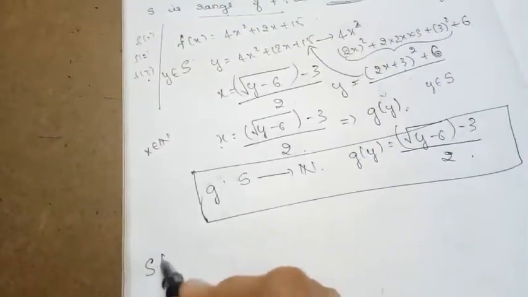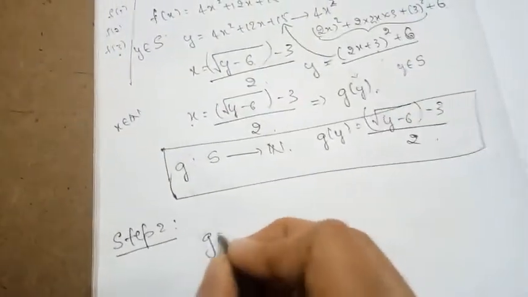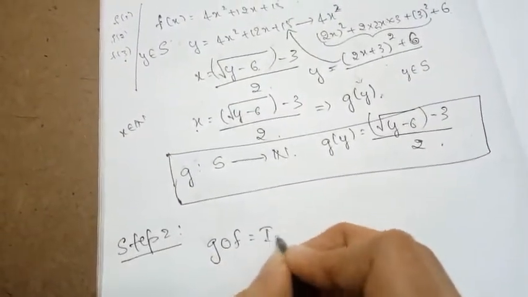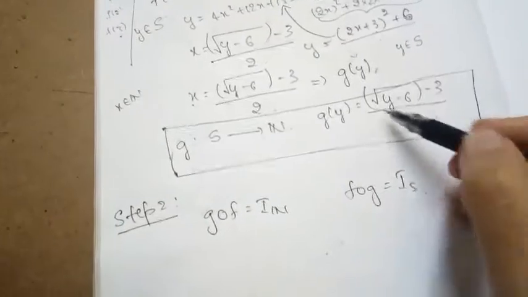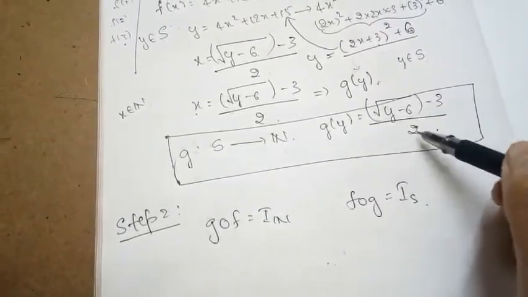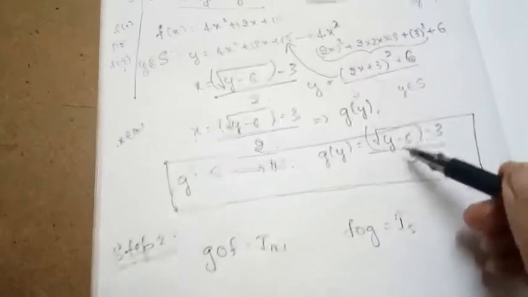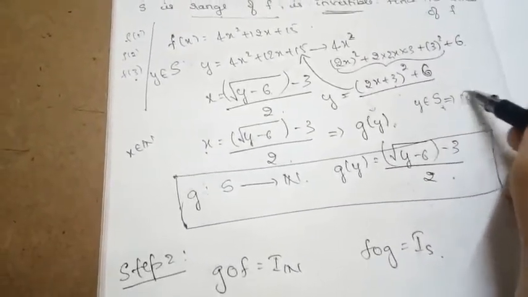So what is our second step? Step 2 is to prove gof is equal to I_N and fog is equal to I_S. So you can see here square root of y minus 6 minus 3 divided by 2. Here already this y is from the set S and S is a subset of real numbers.